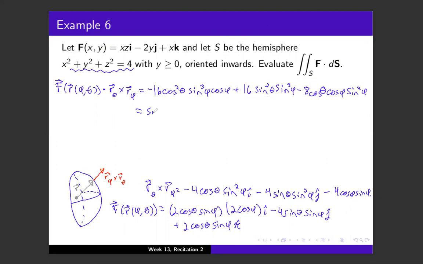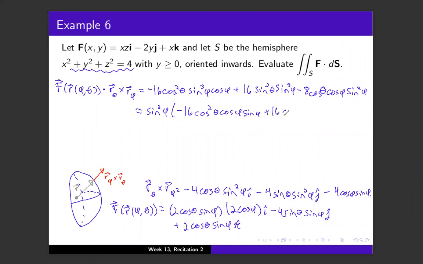We can bring out a sine squared phi: negative 16 cosine squared theta cosine phi sine phi. Can we clean this up at all?